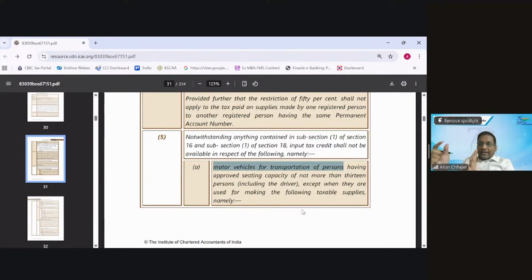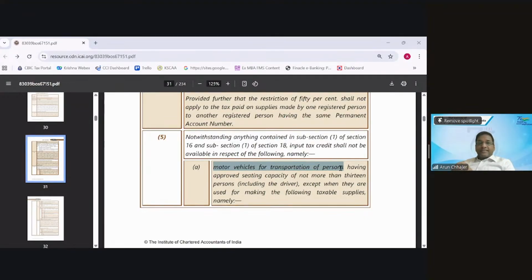By which you can carry passengers or by which you can carry goods. So your RC, the registration certificate of the motor vehicle, should be for the transportation of goods. Actual use is irrelevant. See, if it is the transportation of goods, then the concept of seaters will not come. Am I right, Sanjay?